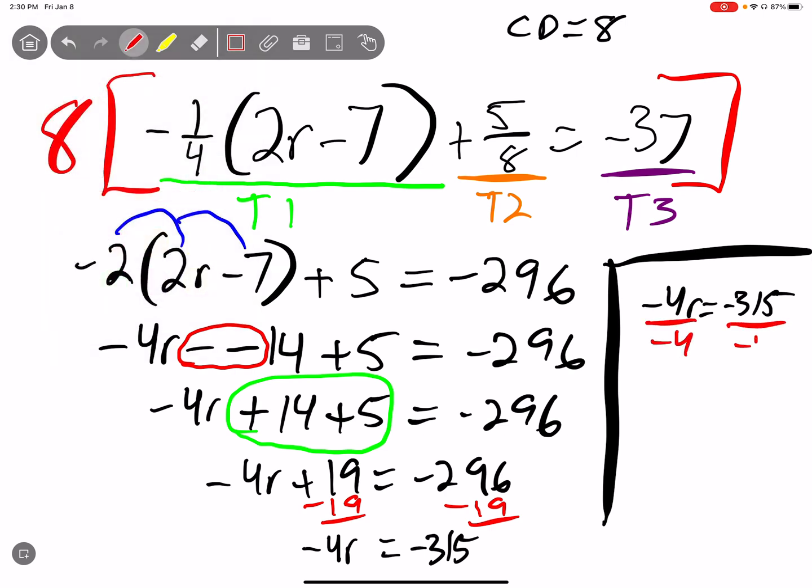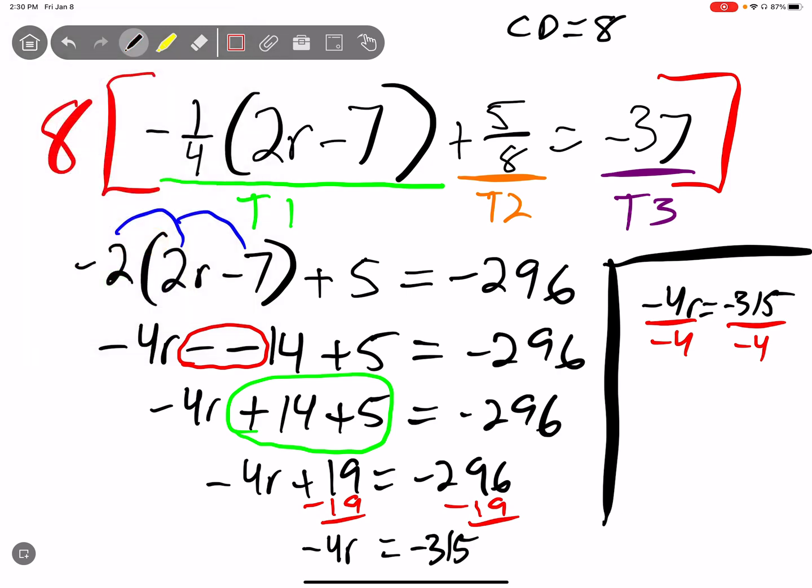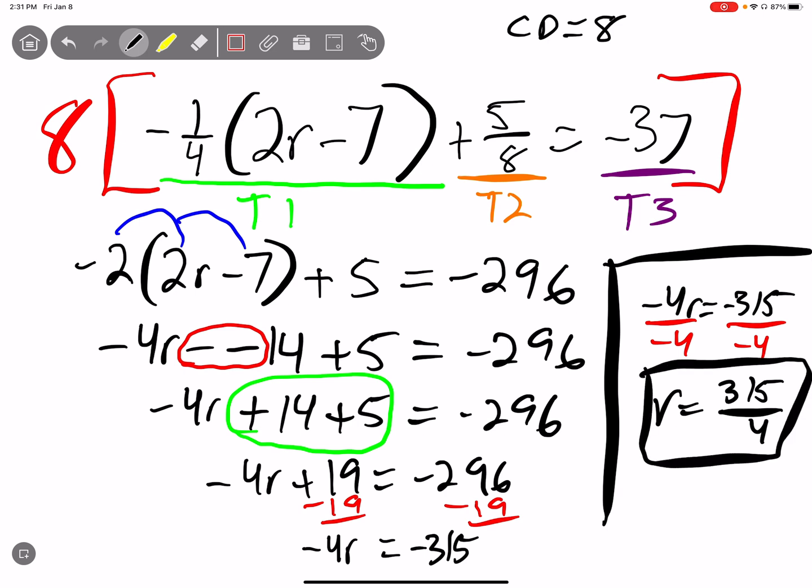Negative 4, negative 4. And that's what I'm going to leave my answer as. r equals, these two negatives cancel each other out, 315 over 4. And that's my answer.